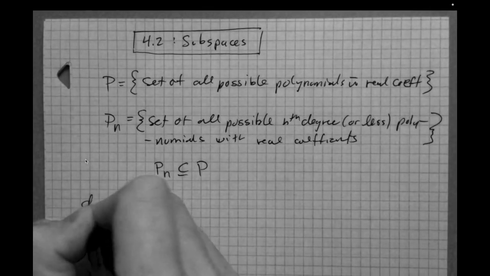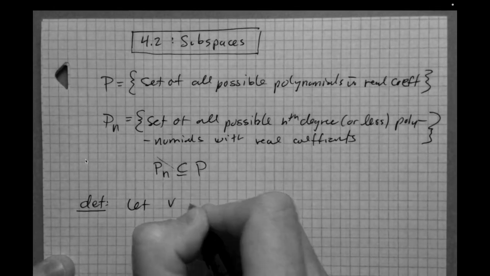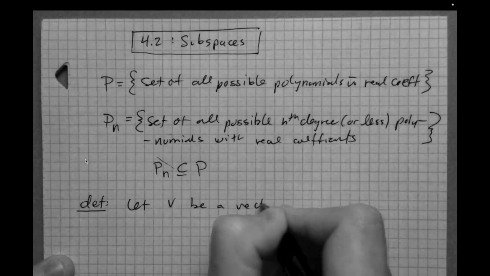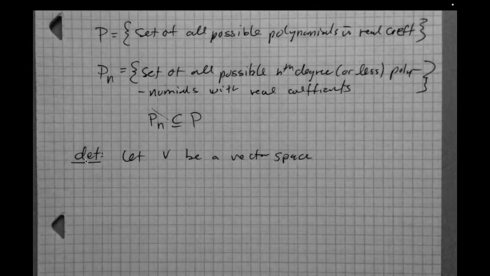So let's go ahead and define it, and then bring this example back in on the other side of the definition. We'll let V be a vector space.